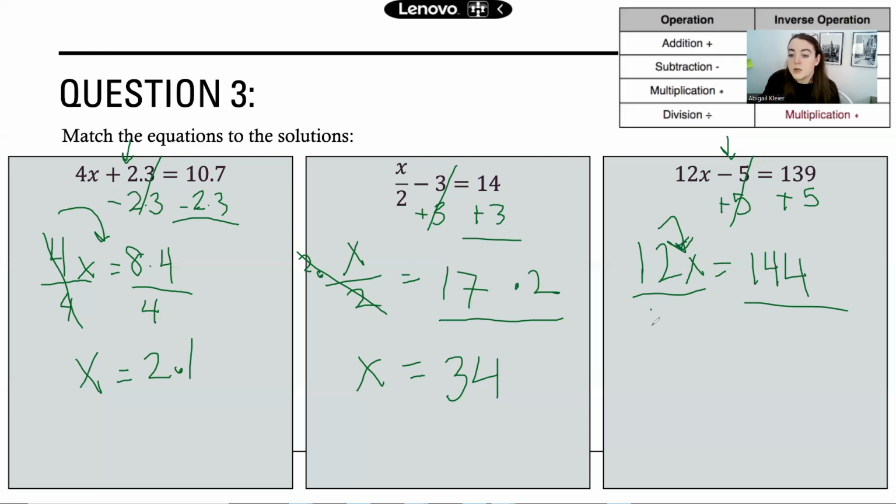So in order to get rid of something that's being multiplied by 12, we're going to divide both sides by 12. That 12 divided by 12 cancels out to 1. That leaves us with x equals 144 divided by 12, which equals 12. So for question number 3, you're given 3 two-step equations that you need to solve and match up the solution to each one in order to get them all correct.